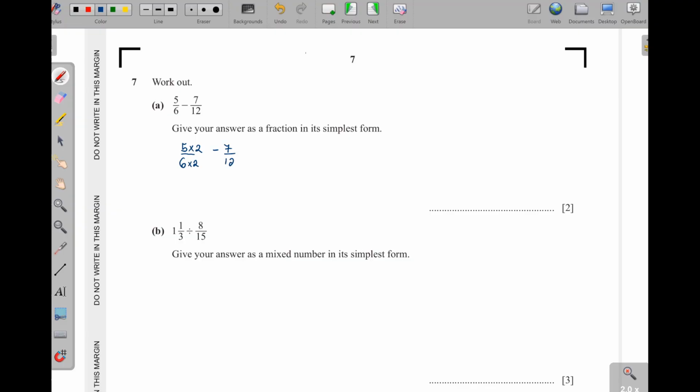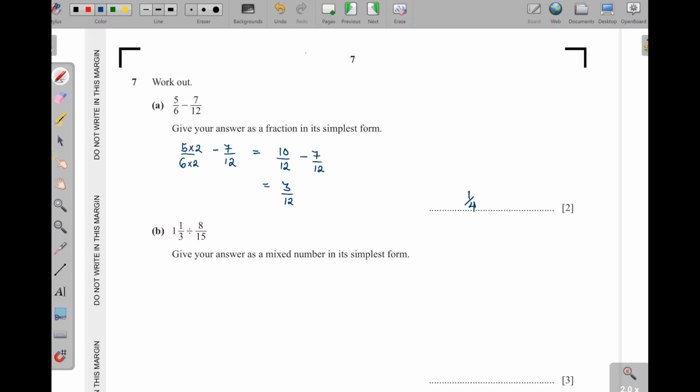So what I've done here is what we call getting an equivalent fraction. So this one will give us 10 over 12, then minus 7 over 12. Now, this 12 here is the same, so we just subtract the numerators, and that one gives us 3 out of 12. But 3 goes into 12 4 times. That means our answer is going to become a quarter.